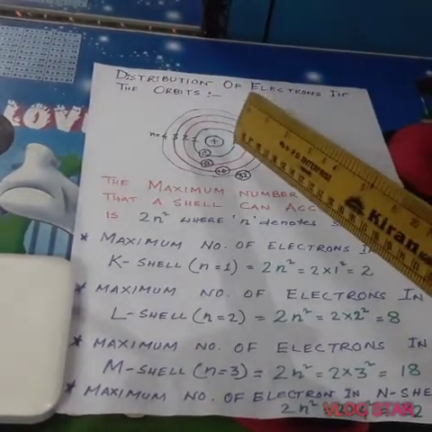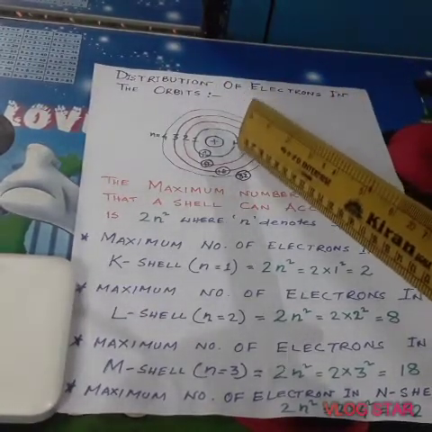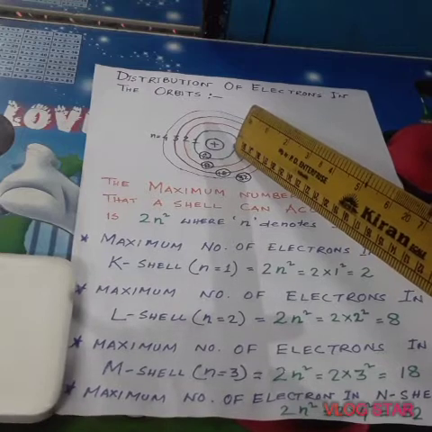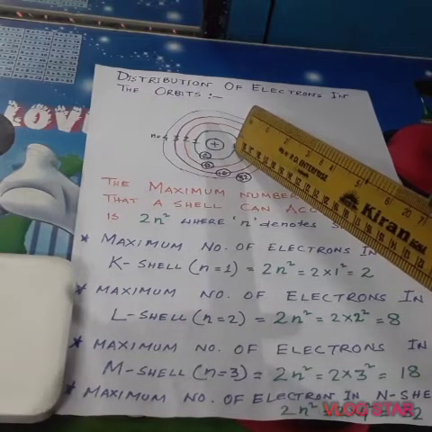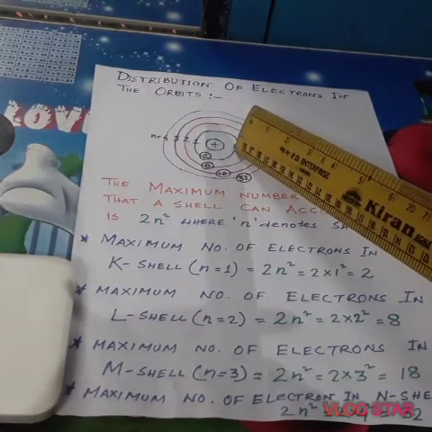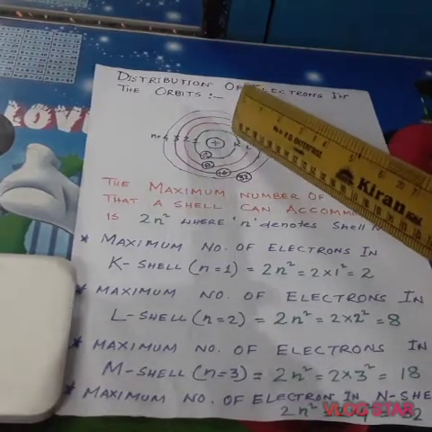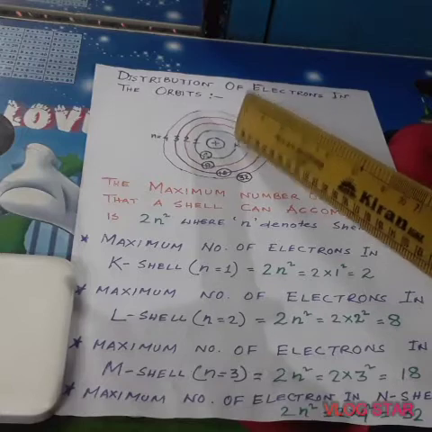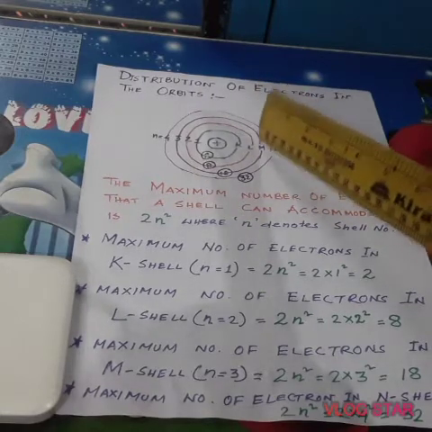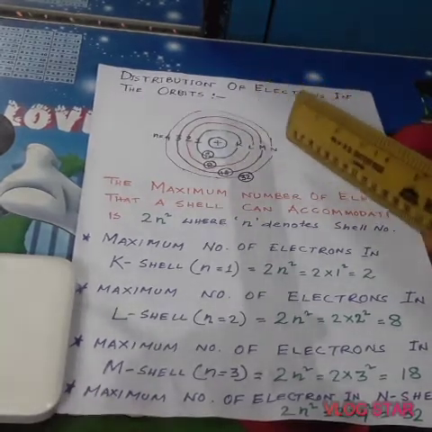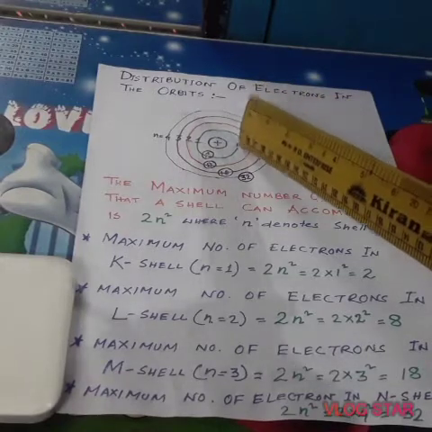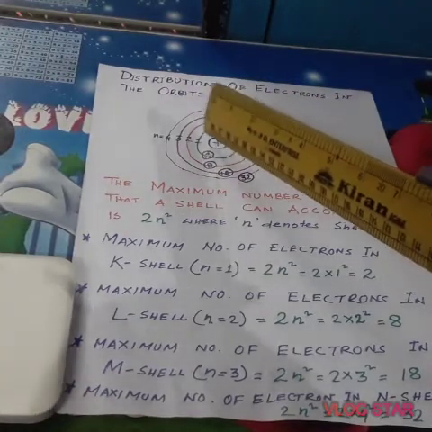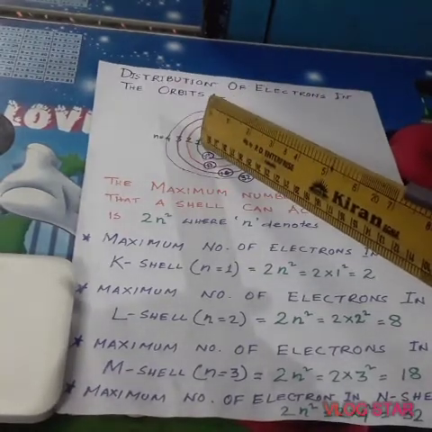That means how many electrons one orbit can hold. Here you see K, L, M, N, different orbits. In the K orbit, a maximum of 2 electrons can be held.